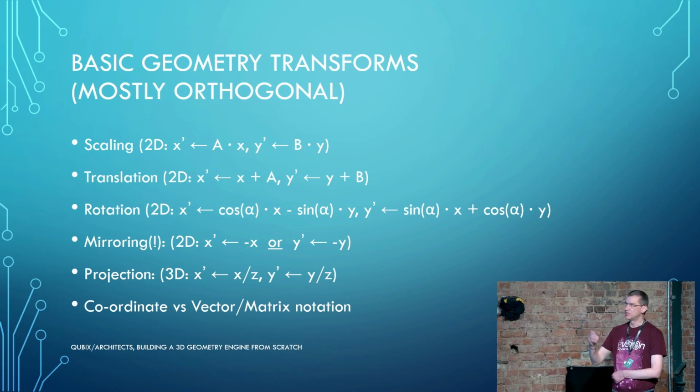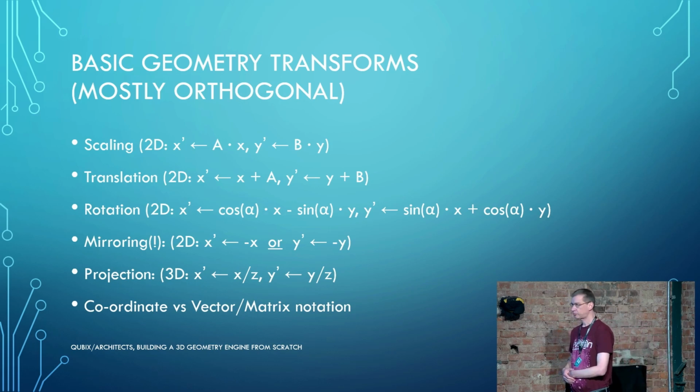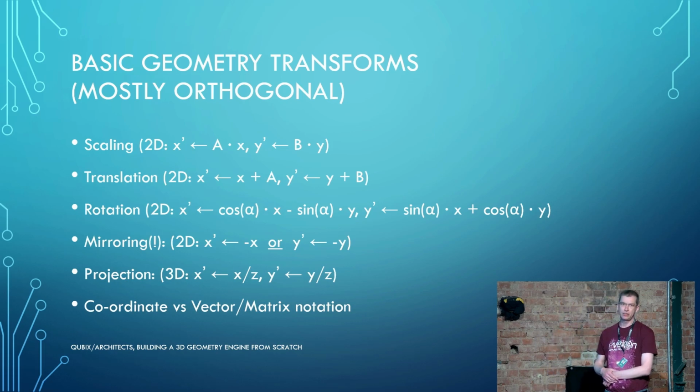You will be scaling things, that means stretching them or making them smaller. You will translate them, putting objects into another place. You rotate them, that means turn them around. You will also need mirroring, and to get the central perspective, you will also do the projection process.